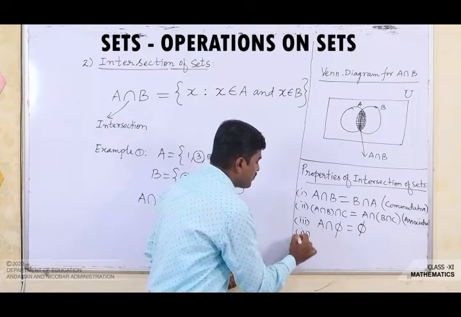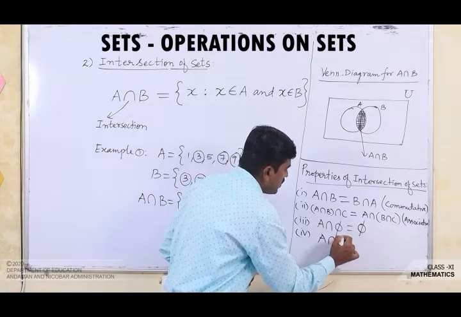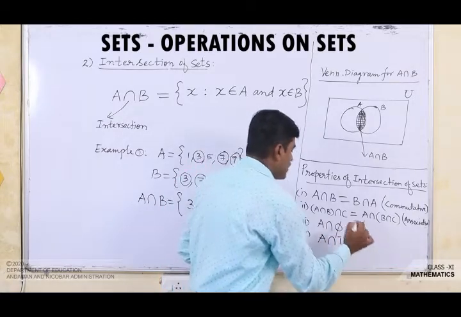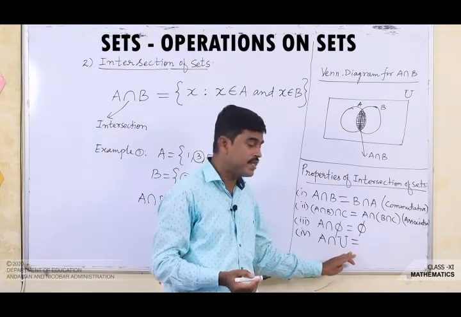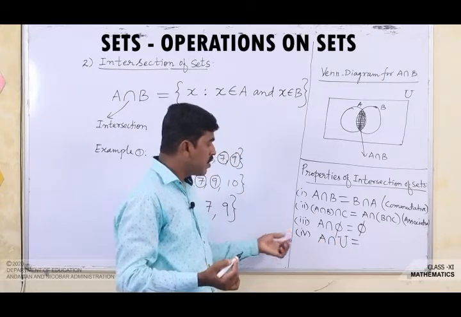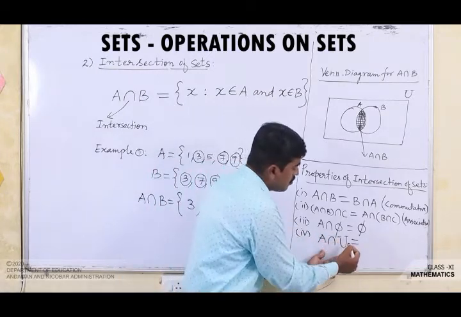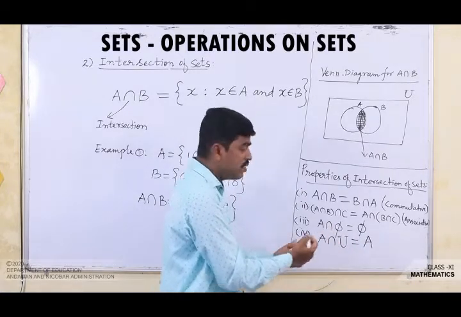Number 4: A intersection U, where U is the universal set. Now we know that A is a subset of U, so all the elements of A are in U. So we get A intersection U is equal to the same set A. That means all the elements of A are common there.